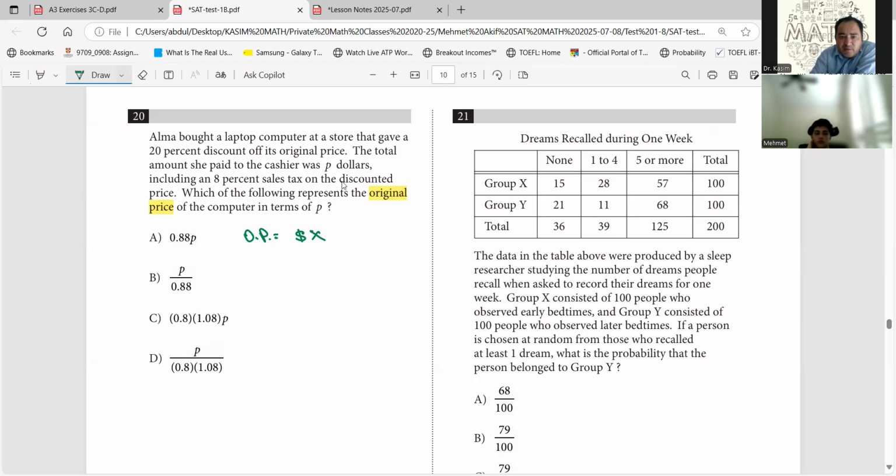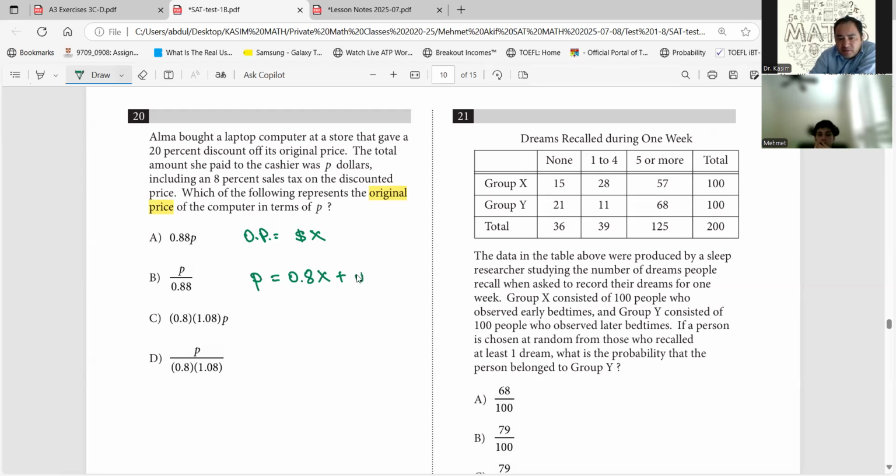And how much are you paying? The total amount she paid to the cashier was P dollars, including an 8% sales tax. So you got 20% discount, so you have to pay this amount, and plus also you have to pay 8% tax.